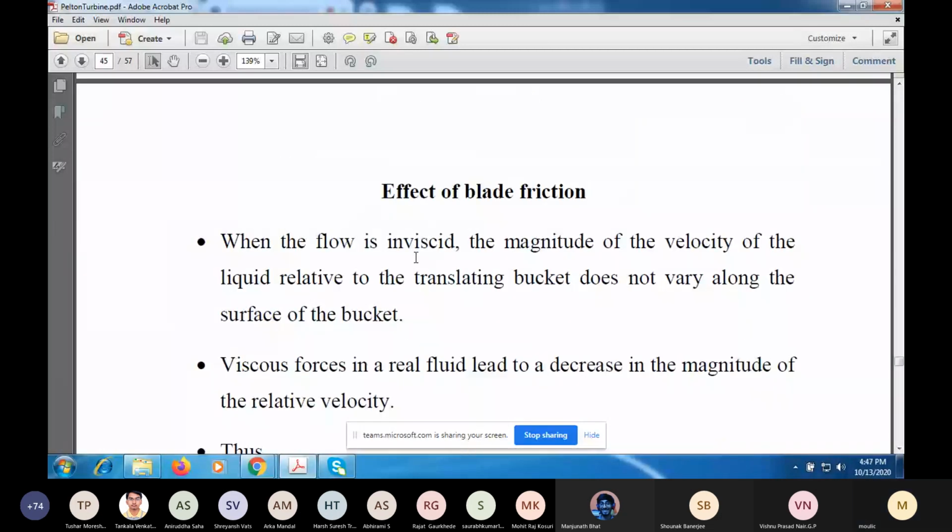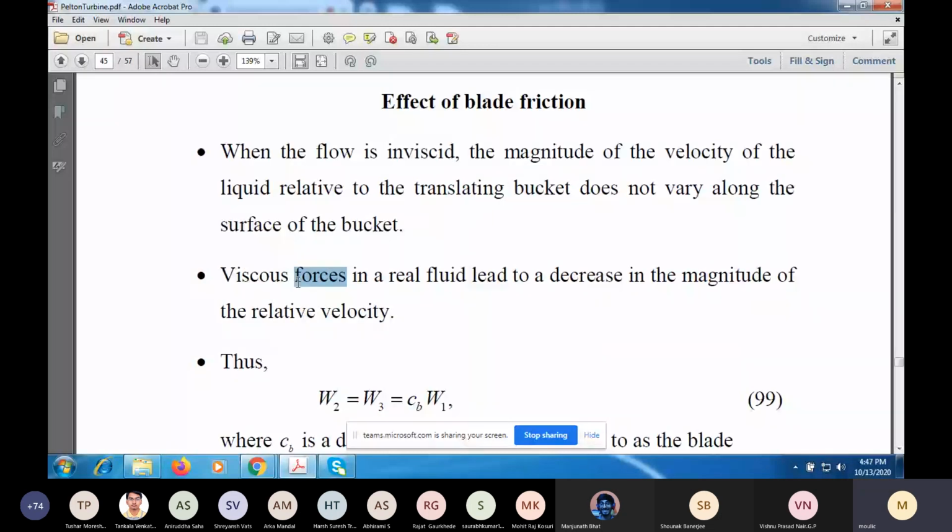Now let us see what would happen if you account for viscous forces at the blade. When the flow is inviscid, we have seen that the magnitude of the velocity of the liquid relative to the bucket doesn't vary along the surface. But in reality, it will be less because viscous forces will slow it down.